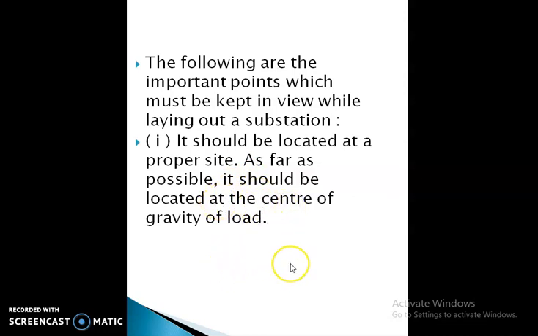Means from the substation an equal amount of the load will be distributed among the peripheries, so the substation should be located at the center of gravity of the load.